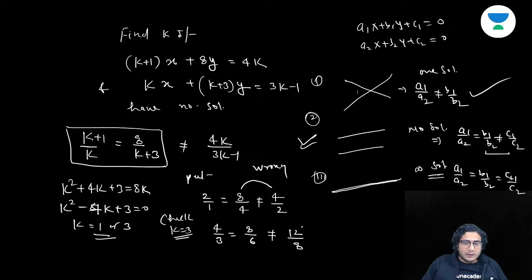Simplified it is 4 by 3. Oh, this is also not acceptable. This is also 4 by 3, right? So this is also rejected. You need to reject this also. Again coincident. So for these two values, lines are coincident. So they have infinite solutions in both the cases.